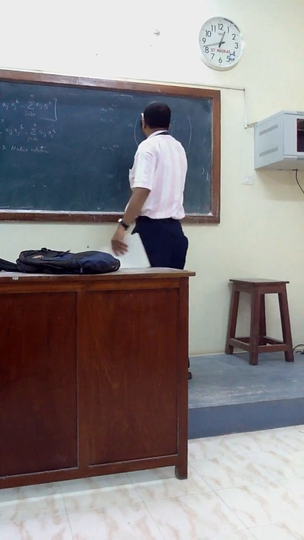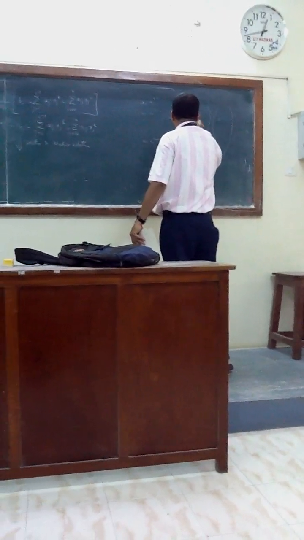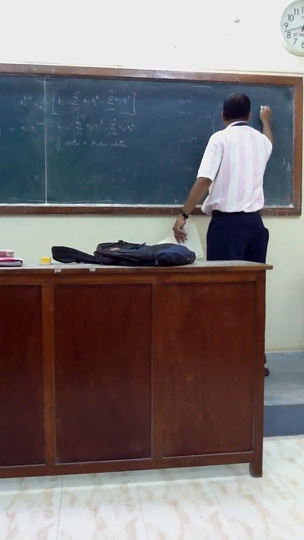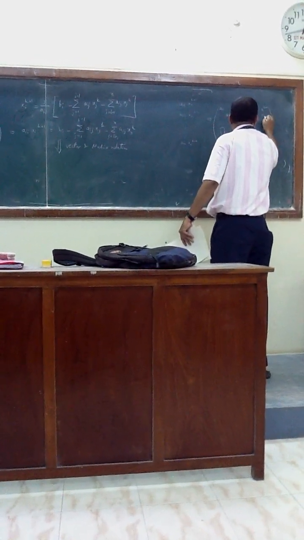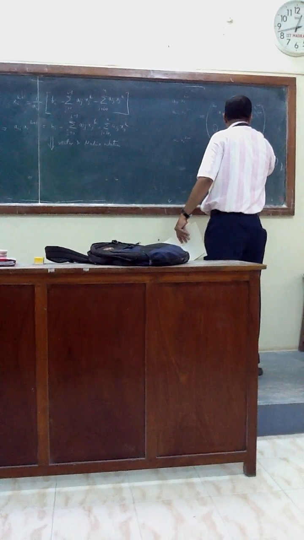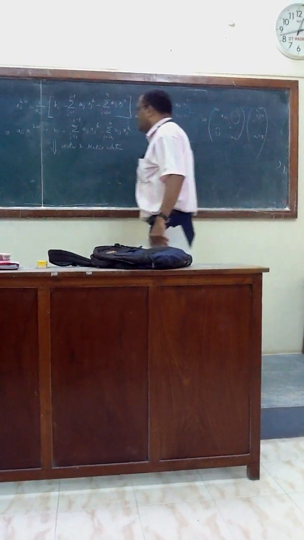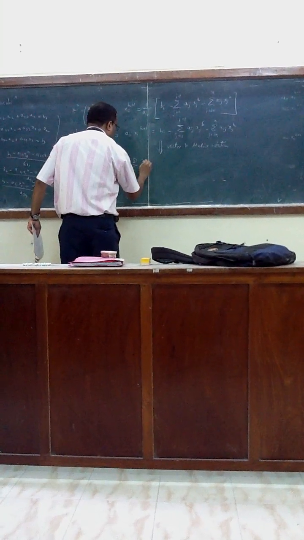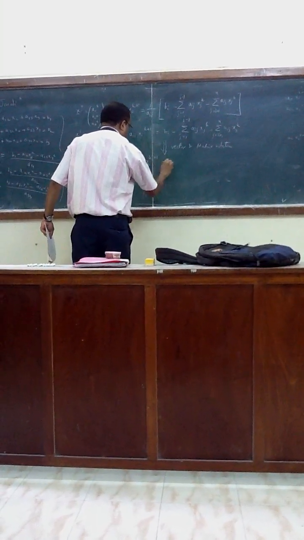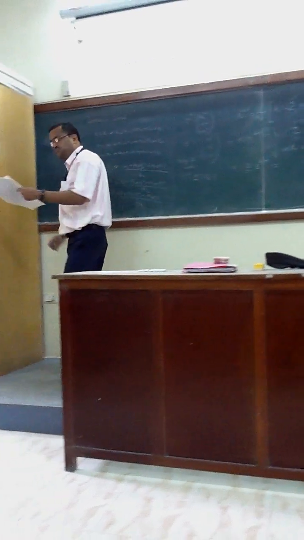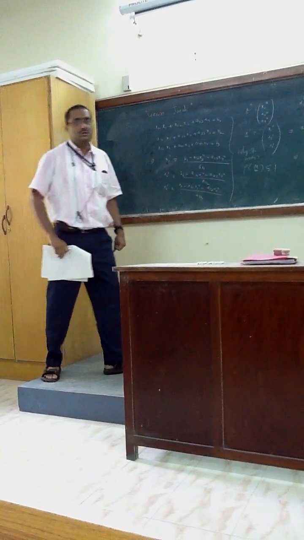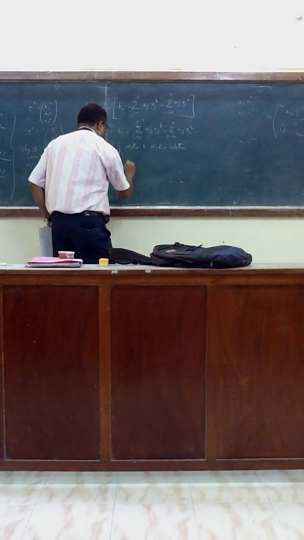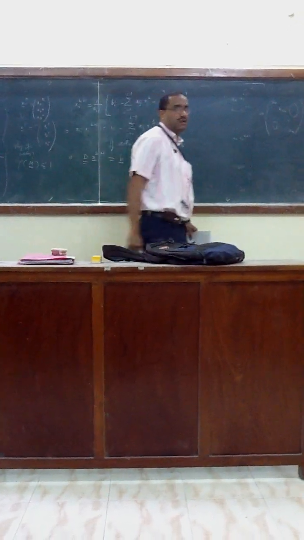Diagonal matrix, a11, a22, a33, all others 0, times x1^(k+1), x2^(k+1), x3^(k+1). So we will write this as D x bar^(k+1). Am I correct? Yes or no? D x bar^(k+1). B I will reduce to b bar directly.